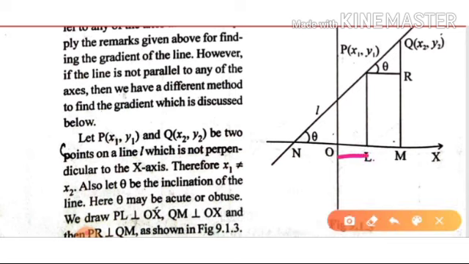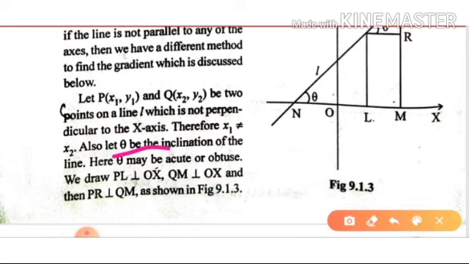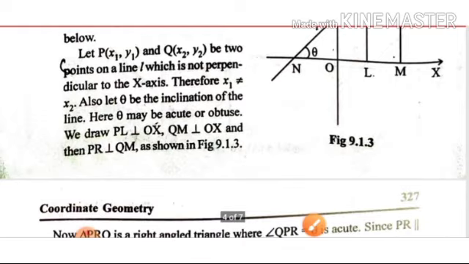From here to here it is x1, and from here to here is x2. From here to here it is y1, and from here to here it is y2. So x1 and x2 are not equal, and y1 and y2 are not equal. Now perpendiculars are drawn, and theta is given to be the angle of inclination.